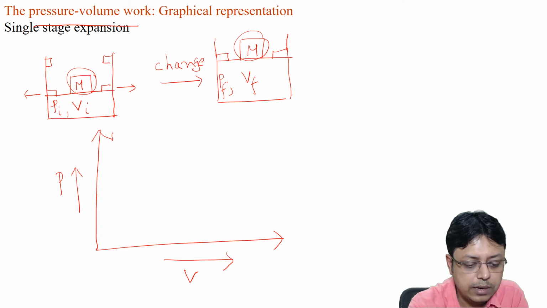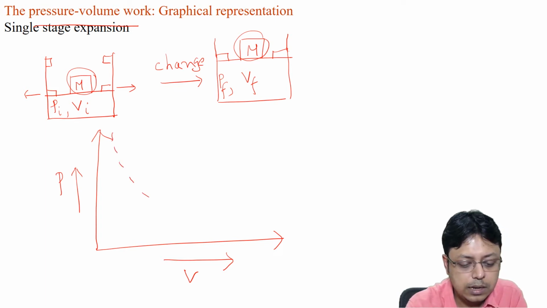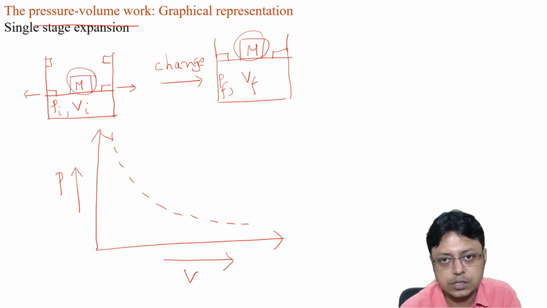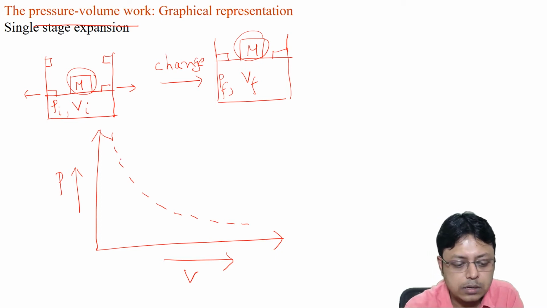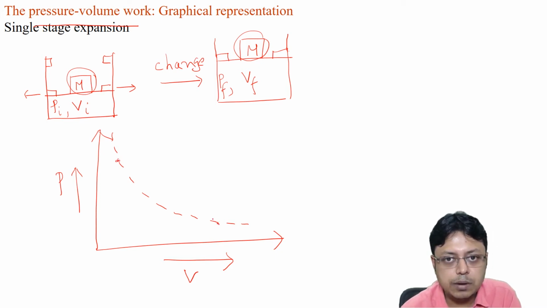And you know that if the gas behaves ideally, then the state must lie somewhere on this isotherm, because this isotherm represents the states of the ideal gas at a definite temperature. So while we made this change, we have somehow moved the system from some point to some other point. In this case, remember, it's an expansion work that we are discussing, so the volume should increase, which means the initial volume was smaller or the initial pressure was higher.